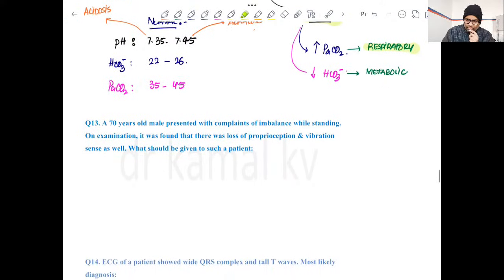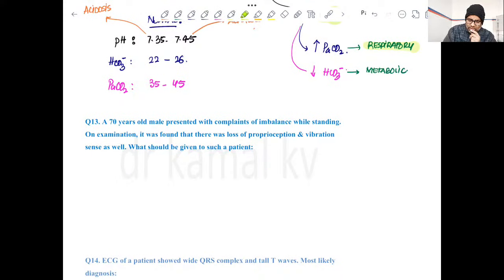Then moving forward, an elderly male has imbalance while standing, right? And there was loss of proprioception and vibration sense. I think now most of you can straight away reach the answer that this is the condition which we have already discussed.